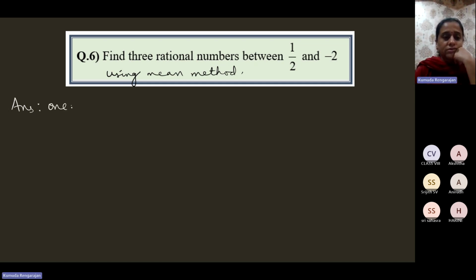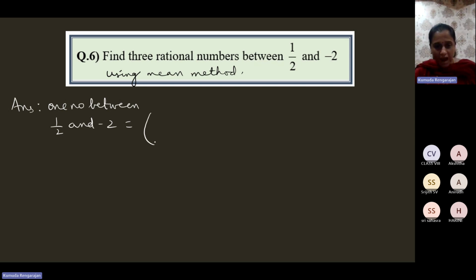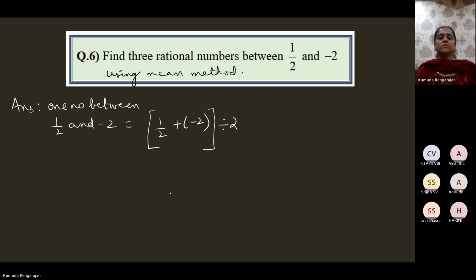So one number between 1 by 2 and minus 2: add the two numbers and divide by 2. Find the sum of the two numbers, 1 by 2 plus minus 2, and divide that by 2.